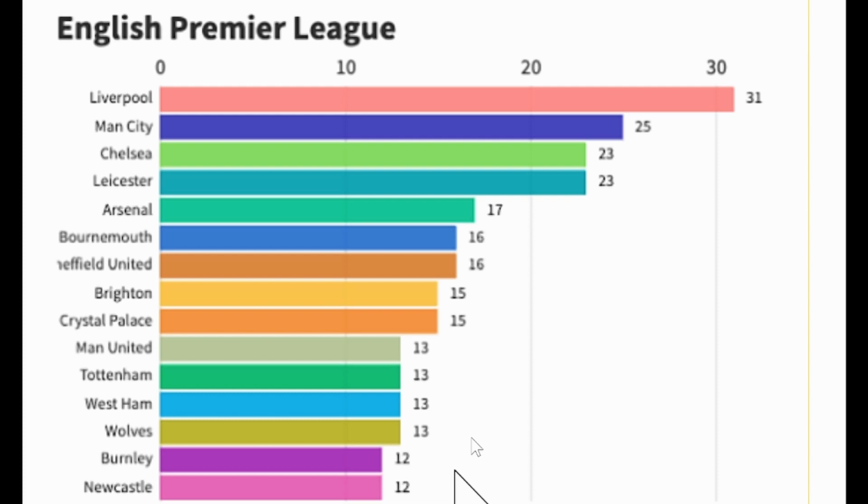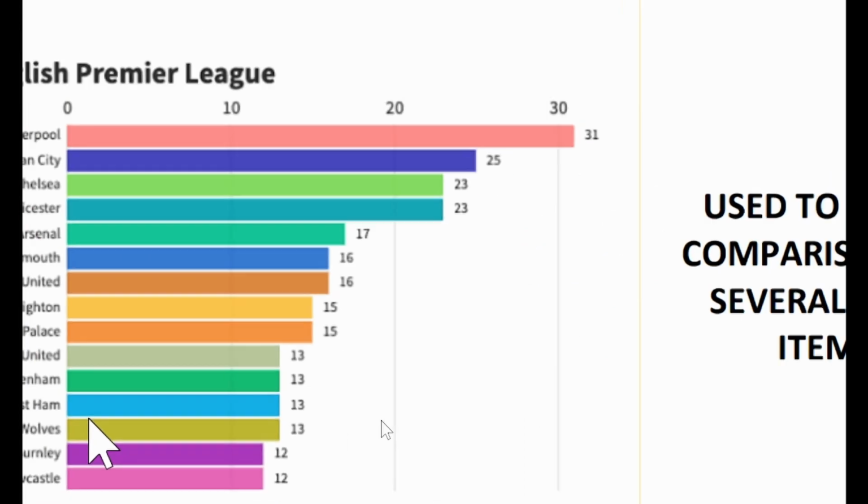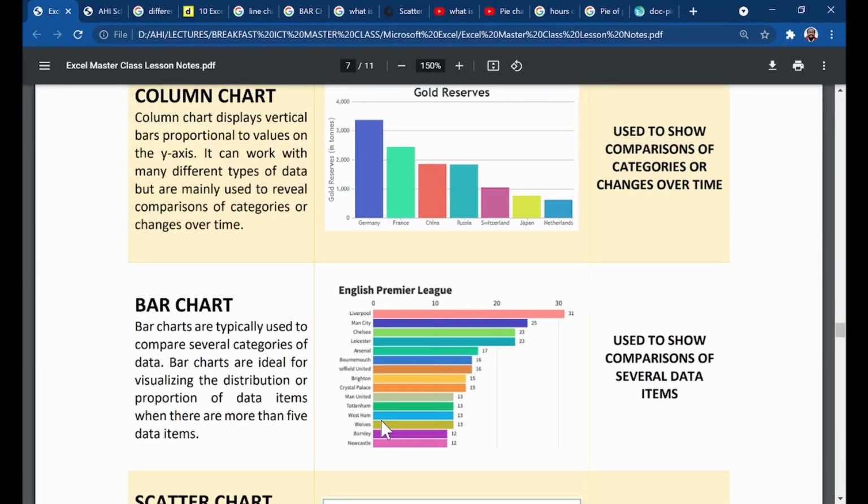Even if we use a pie chart, we'll struggle. If we create a pie of pie, those who don't understand pie of pie will struggle to make sense of it. But with this, is it not very clear to you? Please, is it clear to you? Yes. It's perfectly clear. So a bar chart is used to show comparisons of several data items. So we have seen when bar charts are useful.